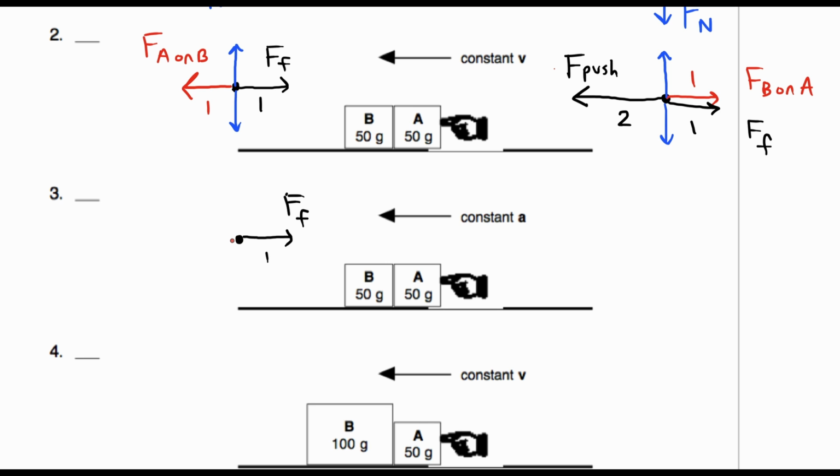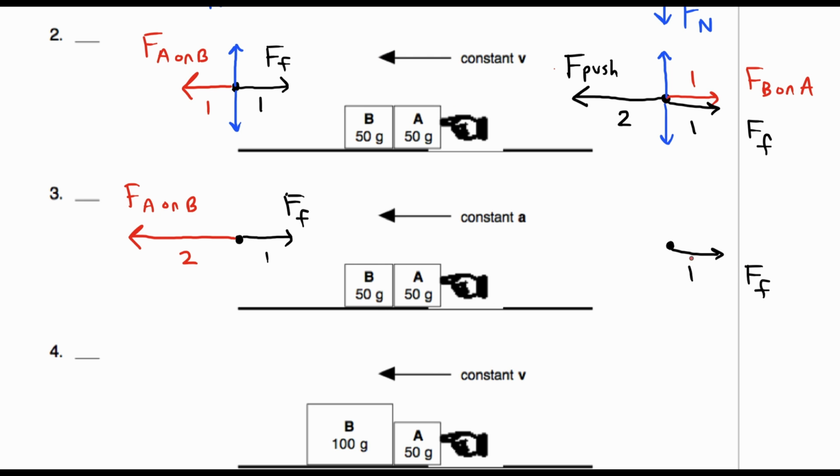But this time we need that forward force to overcome friction. We need unbalanced forces. So I'll give that a size of 2, just to show that it's bigger than the friction. Now we have acceleration for block B. When it comes to drawing block A, though, he's going to have the same friction that block B has.